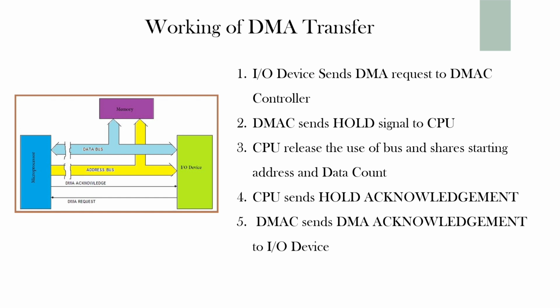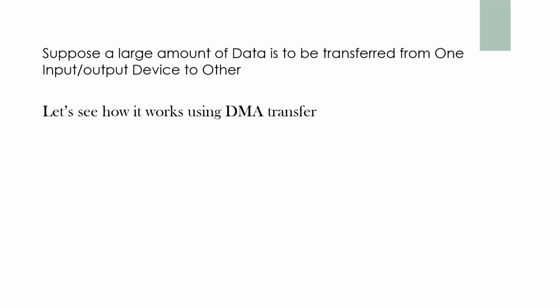After completion of data transfer, it disables the bus request signal and the CPU disables the bus grant signal, thereby moving control of the buses to the CPU. So when an input output device wants to initiate a transfer, it sends a DMA request signal to the DMA controller, which acknowledges if it is free.